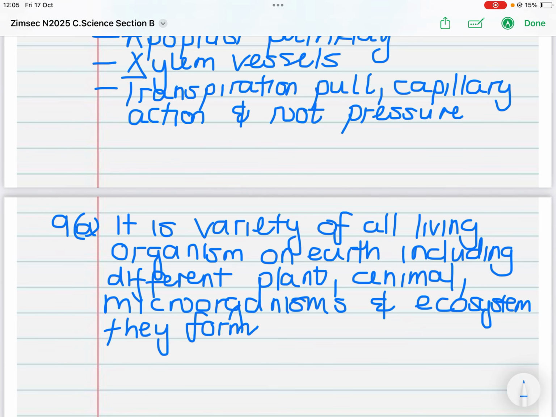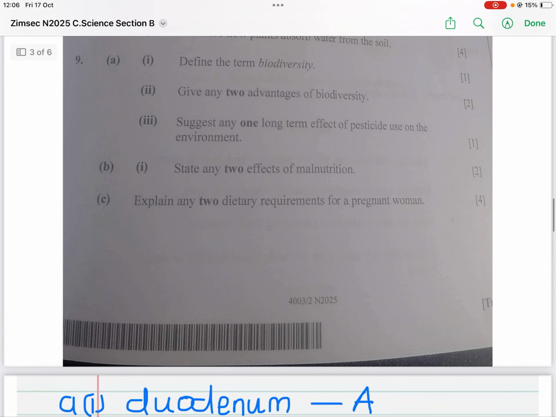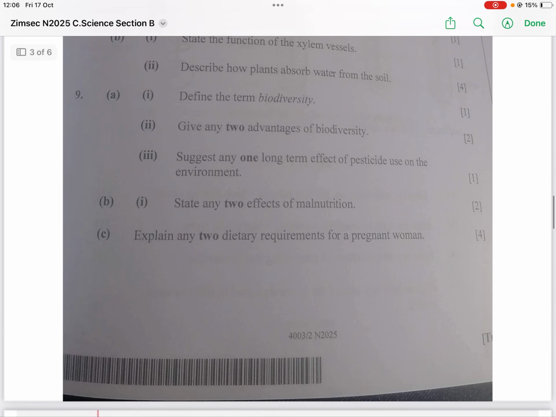So this is the definition of a biodiversity. So let me explain again. Biodiversity is the variety of all living organisms on Earth, including different plants, animals, microorganisms, and the ecosystem they form, right? And then let us see the second part of the question.